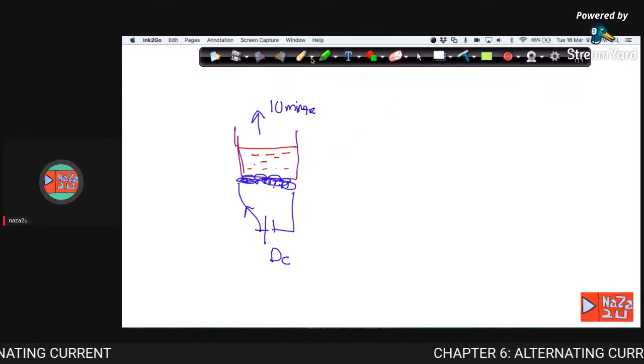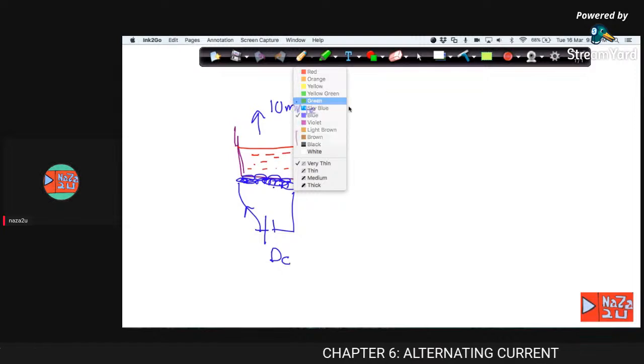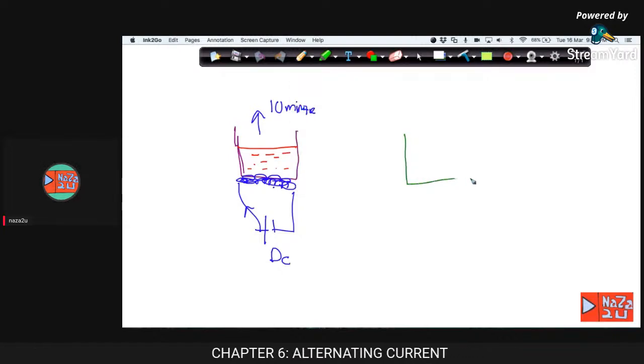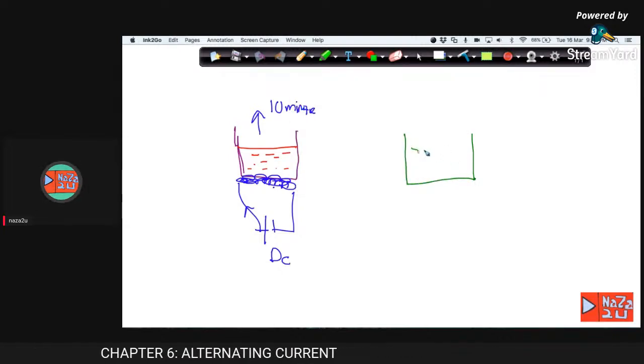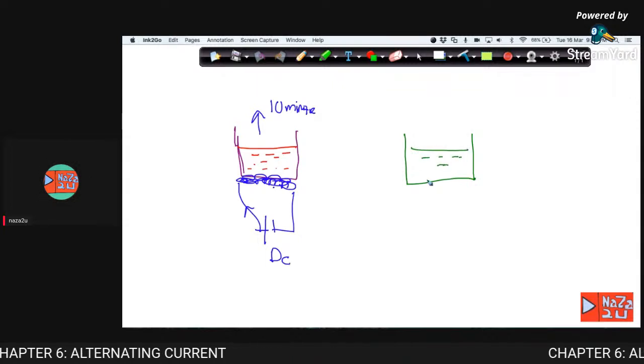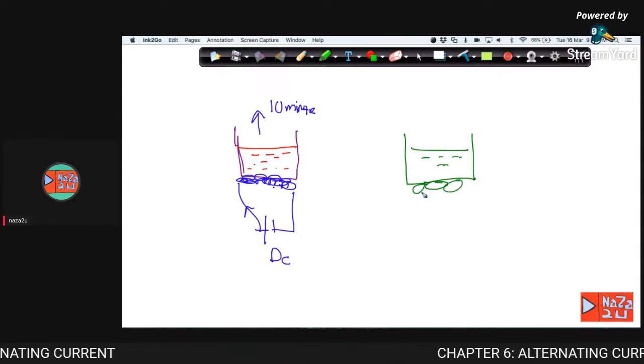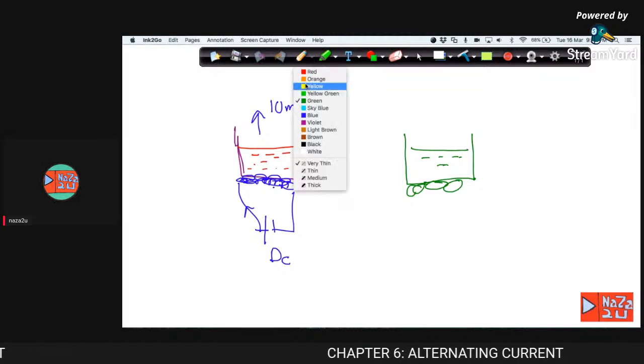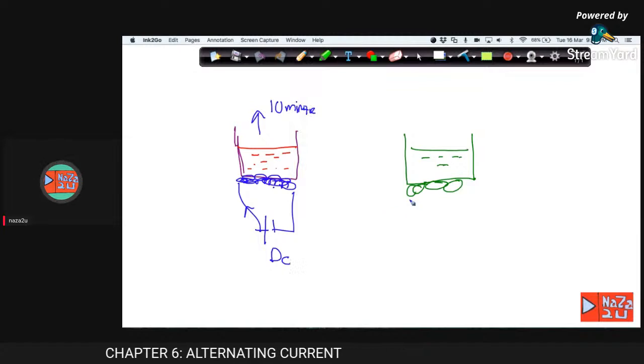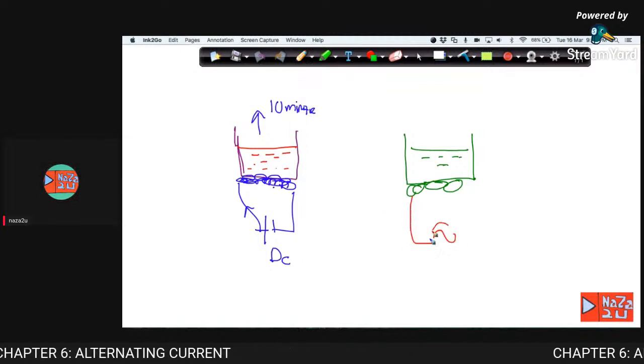So, dalam kes yang sama, apa yang saya buat? Bekas yang sama juga, jumlah air yang sama macam tadi juga. So, saya panaskan dengan menggunakan filament yang disambungkan. Kalau tadi saya guna DC current, sekarang ni saya guna AC current.